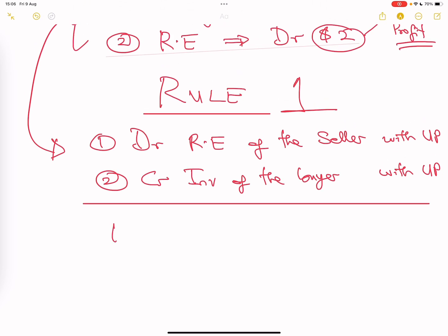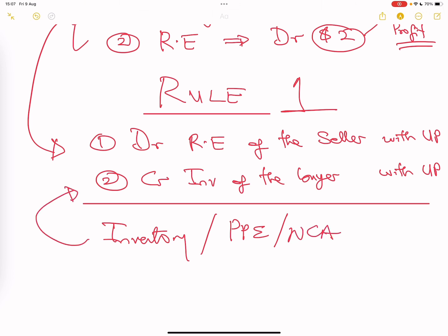So whether it's inventory or it is PPE, which is non-current asset, the rule is the same. Please take note. It's always to reduce your retained earnings with the profit and also reduce the inventory. Remember, credit to inventory is reducing inventory, and debit to retained earnings is reducing the retained earnings. And that is the rule on eliminating unrealized profit.